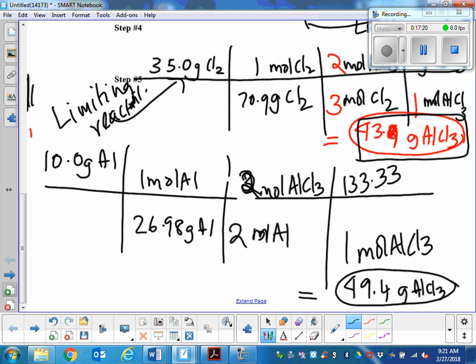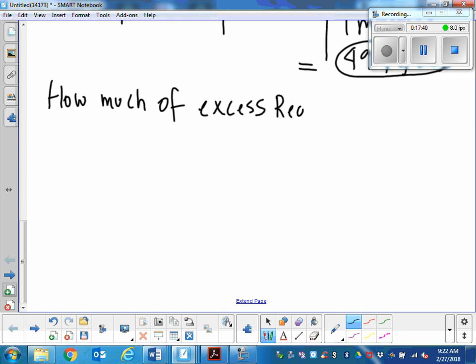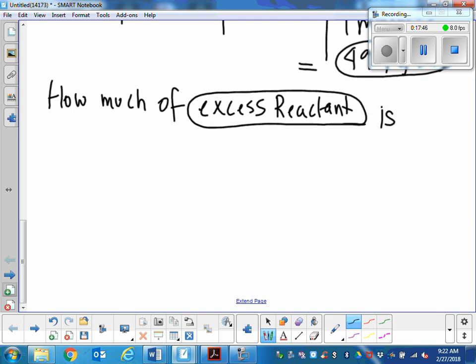How much of excess reactant is left behind?